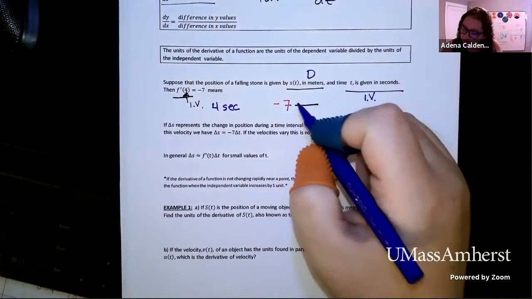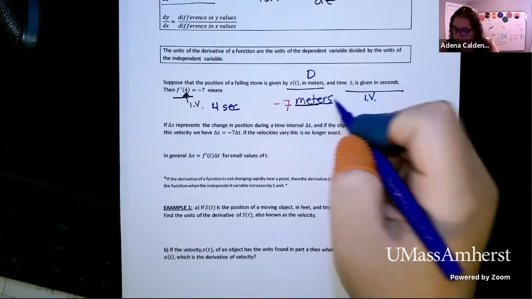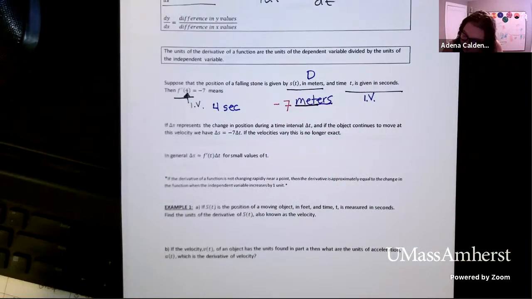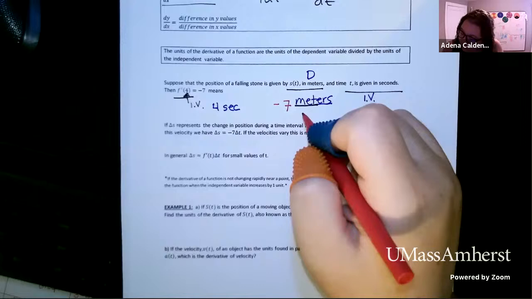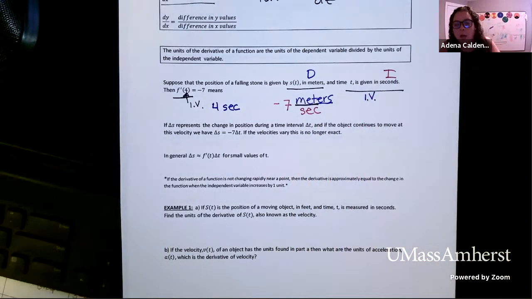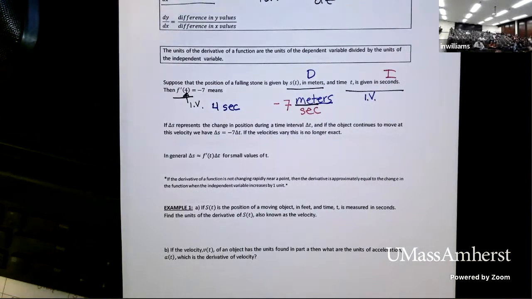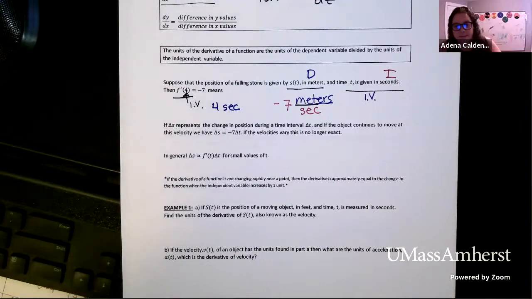So I'm going to put meters on the top for my dependent units, and down here I'm going to put seconds for my independent units. So when I'm talking about the derivative, I'm talking about -7 meters per second.